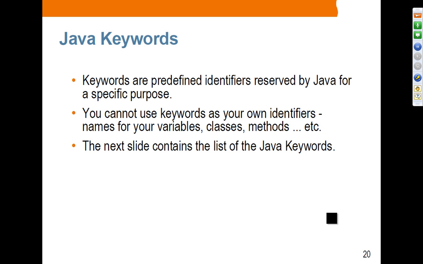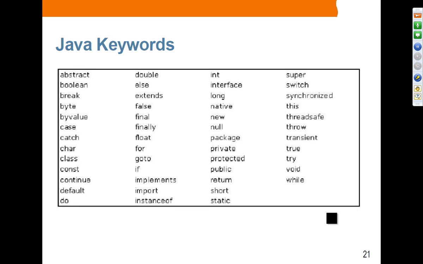The examples of Java keywords are like this. Of course you have seen class, and we have seen void, and also package, private, and public. These are all keywords, and you cannot use Java keywords as the name of your variable, method, or class. These are reserved words.